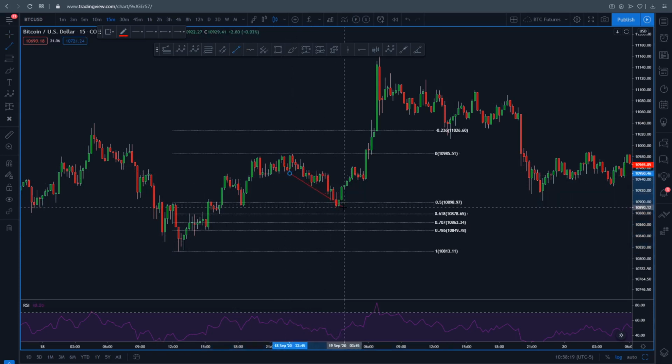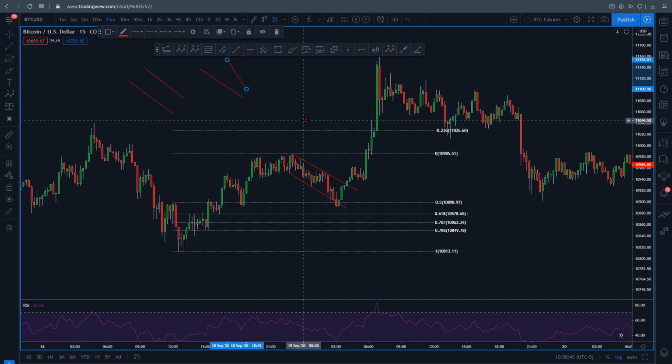Normally, whenever you're in a correction, the correction channels. Corrections normally have some kind of structure with them, whether it's a parallel channel like that or a falling wedge. Falling wedge structures are typical.